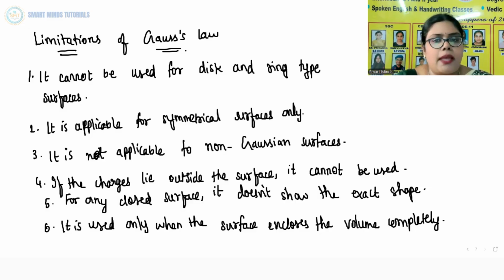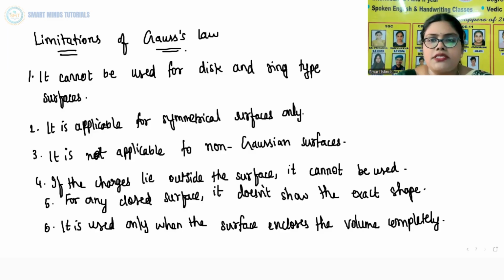Number two, it is applicable for symmetrical surfaces only. Symmetrical means which is in regular shape. And number three, it is not applicable to non-Gaussian surfaces, means the surfaces where Gauss law is not applicable. Those are called non-Gaussian surfaces.